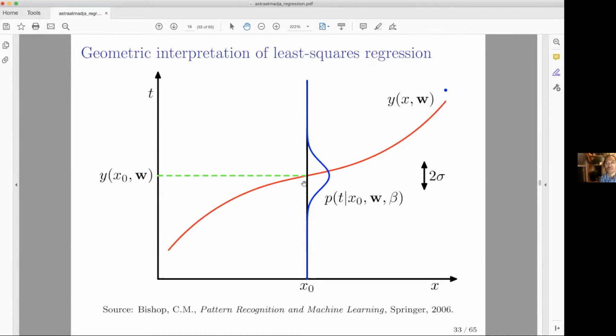What we want to find is the parameter that minimizes the distance between the data and the true line. We want to find the red line that minimizes the distance between an observed point, here, and the line. That's the idea, the geometric interpretation behind least squares regression.